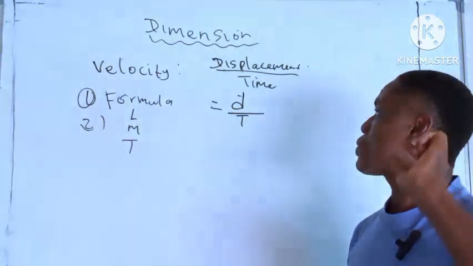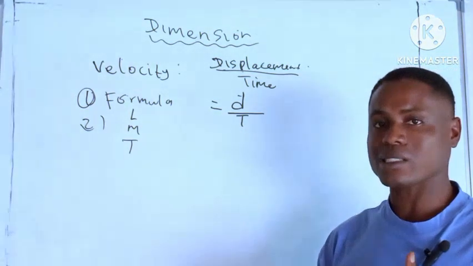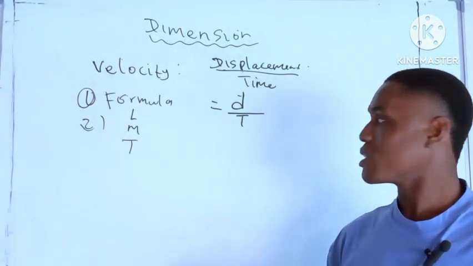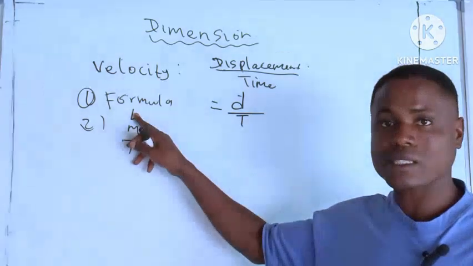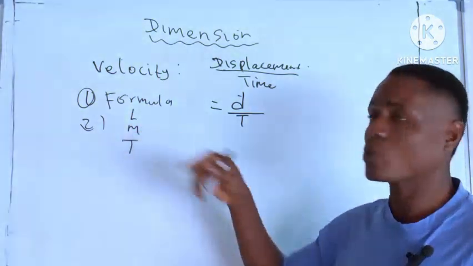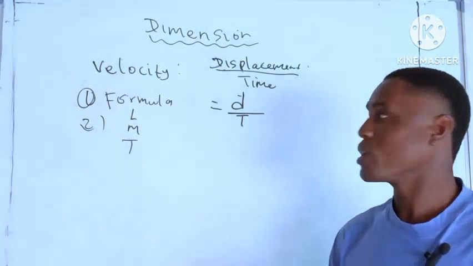Are we changing d to either L, M, or T? You can easily notice that displacement is the same thing as distance. Distance is length. So meaning that displacement, we can change it to length. Displacement is not mass. Displacement is not time. So please take note.